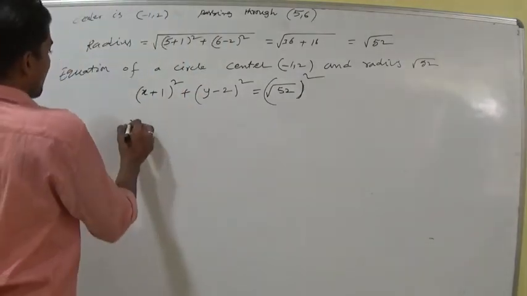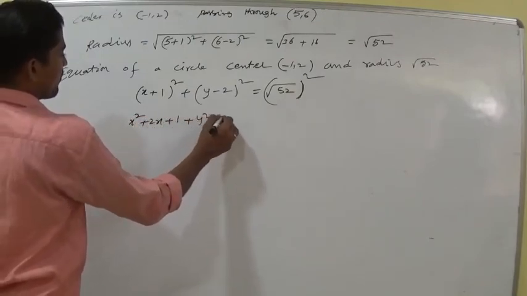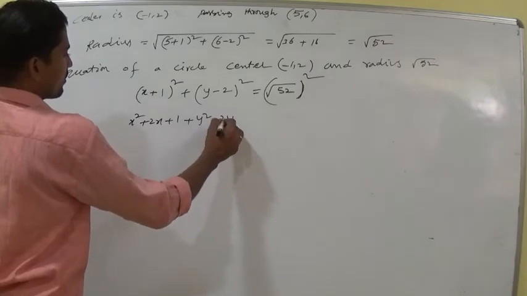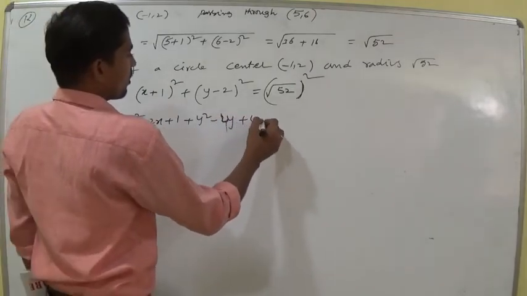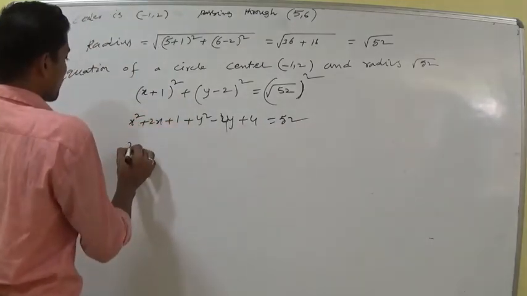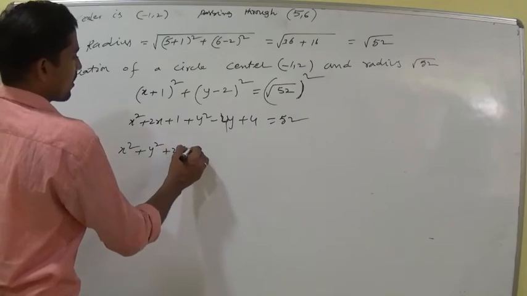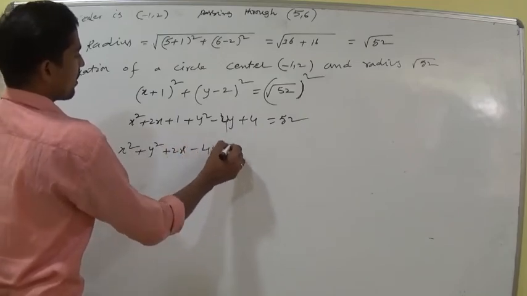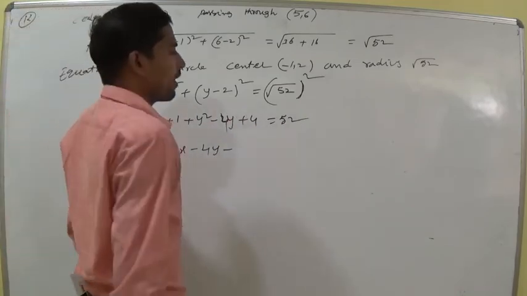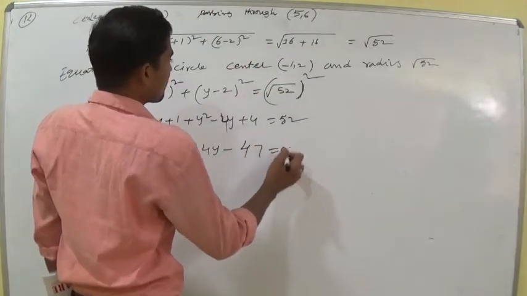So x square plus 2x plus 1 plus y square minus 4y plus 4 equal to 52. So x square plus y square plus 2x minus 4y plus 5, which becomes minus 47, equal to 0.